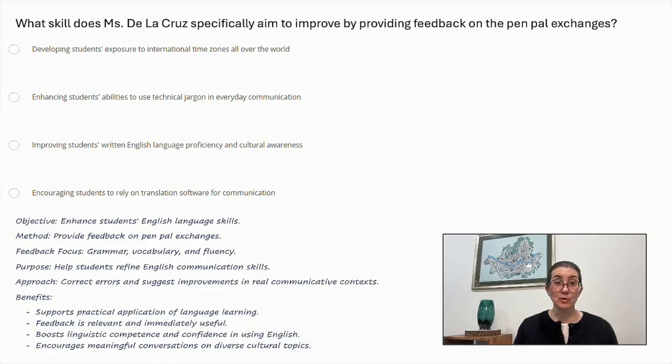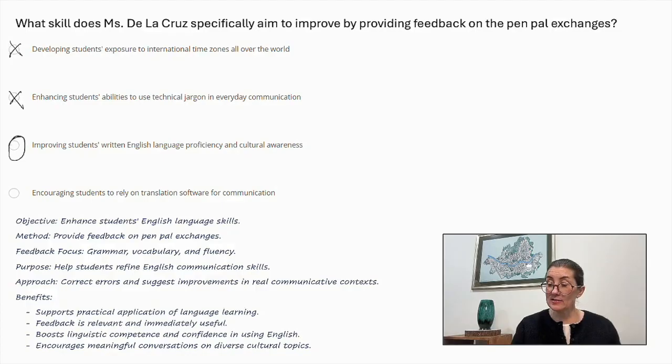Developing students' exposure to international time zones all over the world. That is not the purpose of this project. We can eliminate it. Enhancing students' abilities to use technical jargon in everyday communication. That is also not the purpose. Improving students' written English language proficiency and cultural awareness.